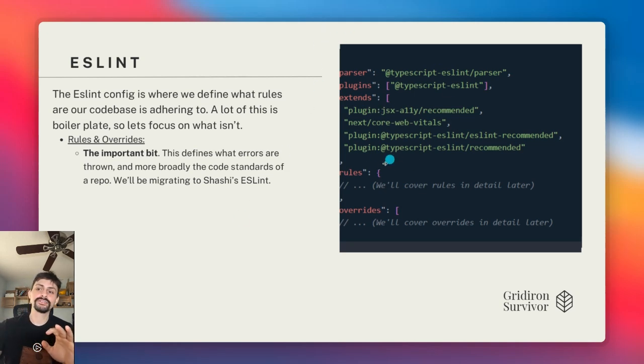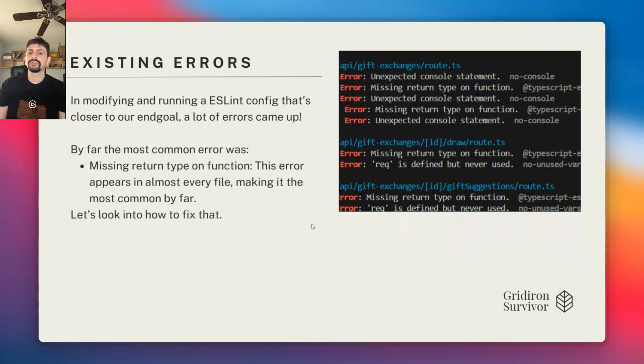What I want to focus on is rules and overrides. These two objects are going to be where a lot of the relevant ESLint comes from that you're going to be interacting with. If you run the linter, the errors are all going to be defined in rules or in overrides.